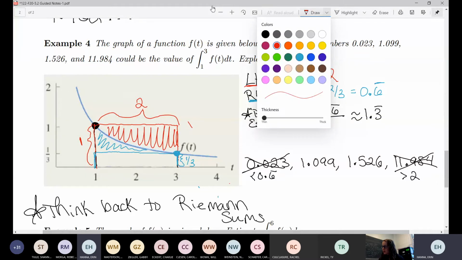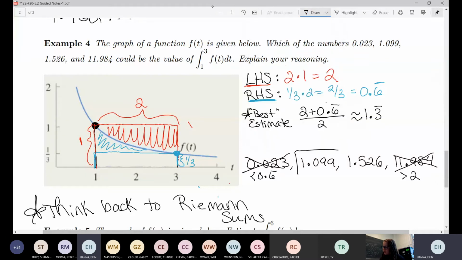So the best choice we can pick here is this 1.099, because the underestimate looks better, I'll say. I know that's not a very good official way to say it.